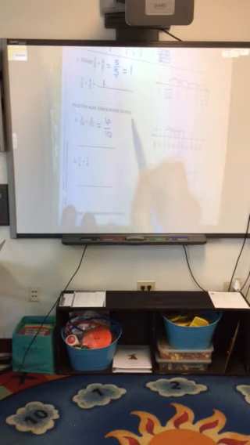The factors of 6 are 1, 2, 3, and 6. The factors of 10 are 1, 2, 5, and 10. So I can see that 2 is my highest common factor. Anytime I have even numbers, I know that I can at least get started with 2.